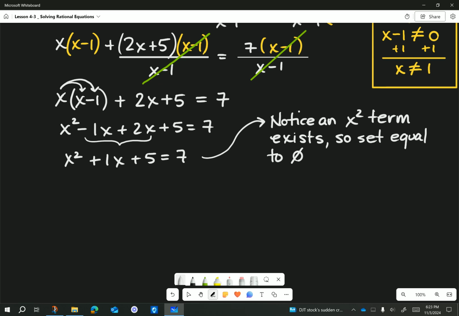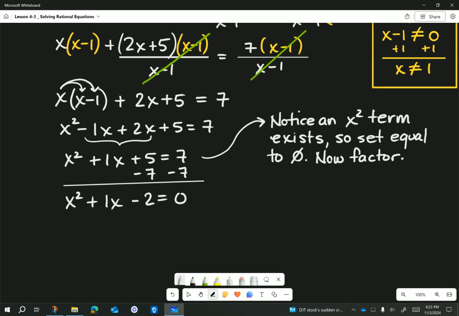So in order for it to be set equal to 0, I'm going to subtract 7. And once I do that, I will then be able to factor to solve for x's. So let's subtract 7 on both sides, and I have to subtract it with the 5 because I have to stick to like terms. My x squared comes down, my positive 1x comes down, or you could just write it as x, and my minus 2 comes down, and then it's equal to 0.